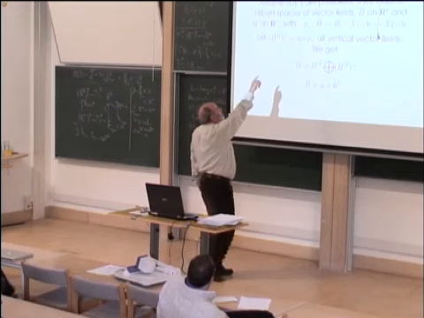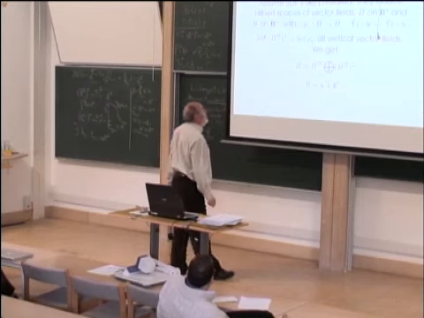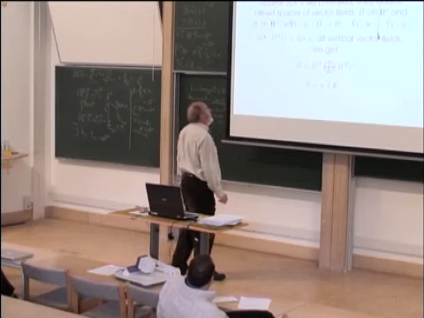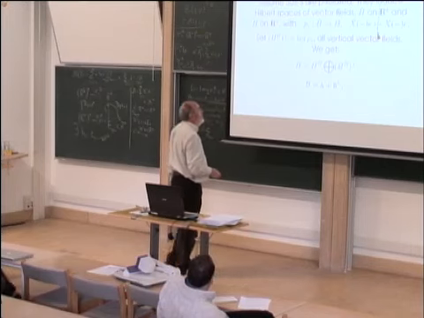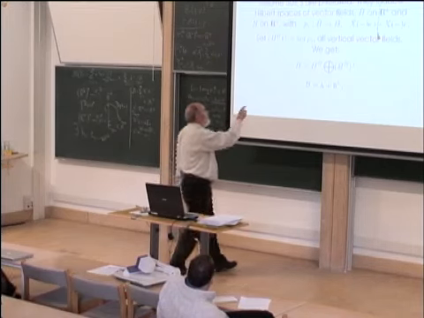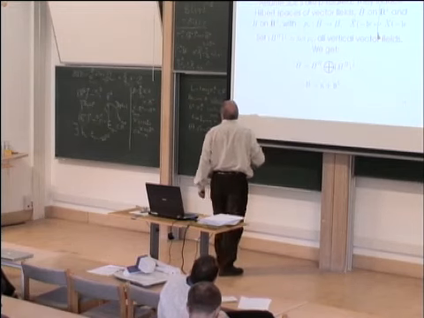We have a map p star which goes from one to the other, as shown up there. We let H^perp be the kernel of this map. And then again, H tilde, the space of vector fields giving the noise, is the direct sum of H and H^perp. We can take orthonormal bases for this and for that, and write down the Hormander form operator.